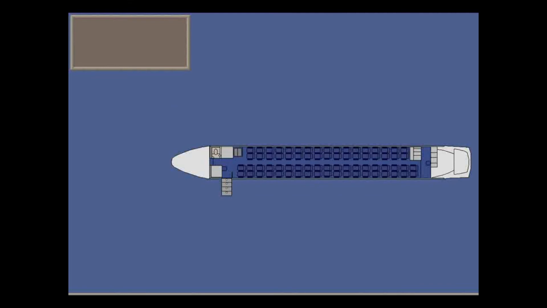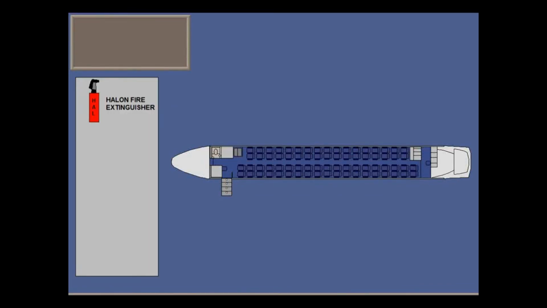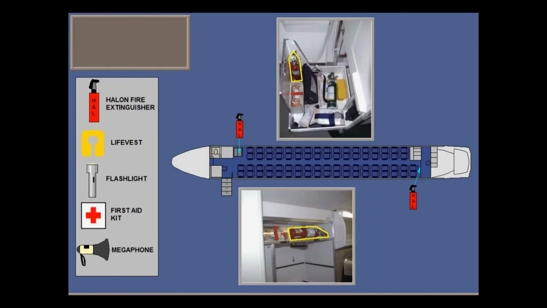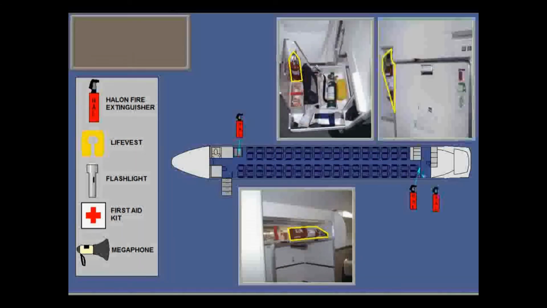The cabin emergency equipment consists of halon fire extinguishers, life vests, flashlights, first aid kits, and a megaphone. In the SAS configuration, the Halon fire extinguishers are located on a shelf above the forward galley, in the emergency equipment drawer, and on the aft wall of the aft draft bulkhead.